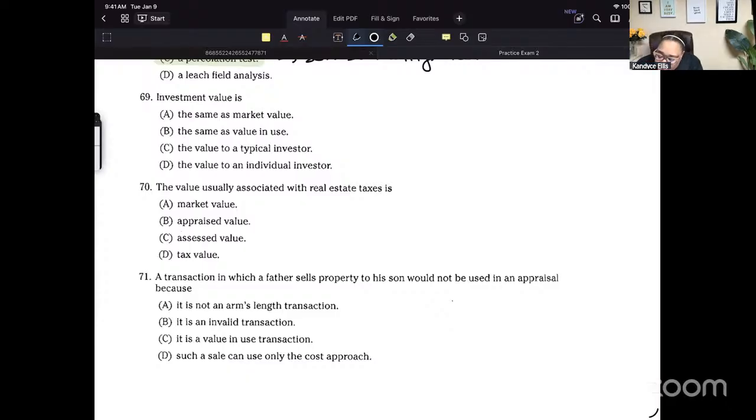I'm going to go with either C or A. I probably would have gone with C, but market value. So, but why wouldn't it be market value? Because the investment value, I mean, also, who cares? I shouldn't say that to you all, right? Is it A?